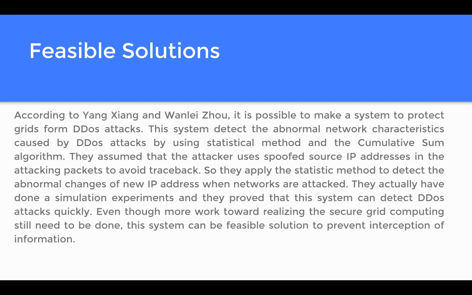Using grid computing, there are a lot of people out there, attackers, who want to intercept and have all of this data. So by having your system protected, even though a DDoS attack would occur by hackers towards your system or your computer, all of the information would be protected since this attack would be detected so fast.